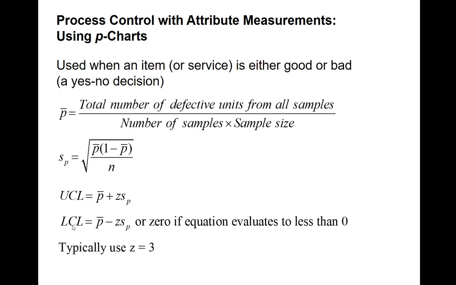And LCL, the lower limit, equals P bar minus Z times SP. If you have any negative number here, just use 0 as the lower limit. And typically, we use Z equal to 3, or you can use Z equal to 2.